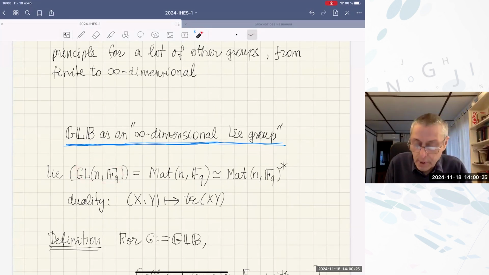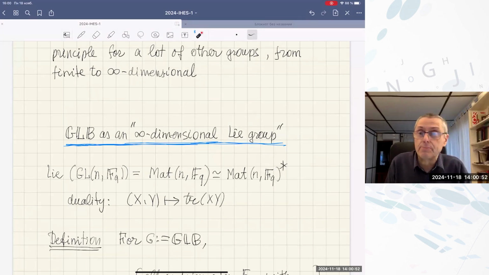It has a Lie algebra. This Lie algebra is simply the algebra as a vector space. It is the space of all matrices over our finite field. We can form the dual object, the dual vector space. It's essentially the same. It can be identified with the same Lie algebra because we have a natural duality.